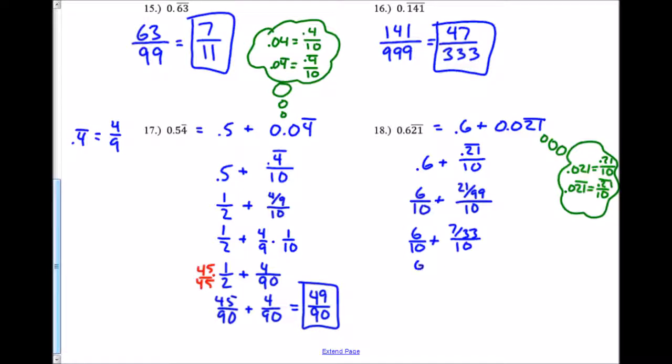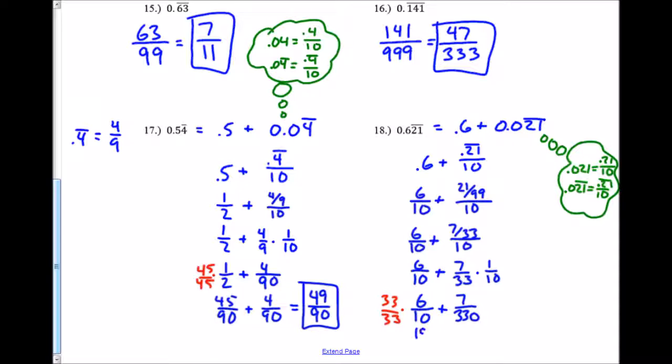So I get 6 over 10 plus 7 over 330. Now I have to get common denominators. I have to multiply the first one by 33 over 33, so I get 198 over 330 plus 7 over 330.